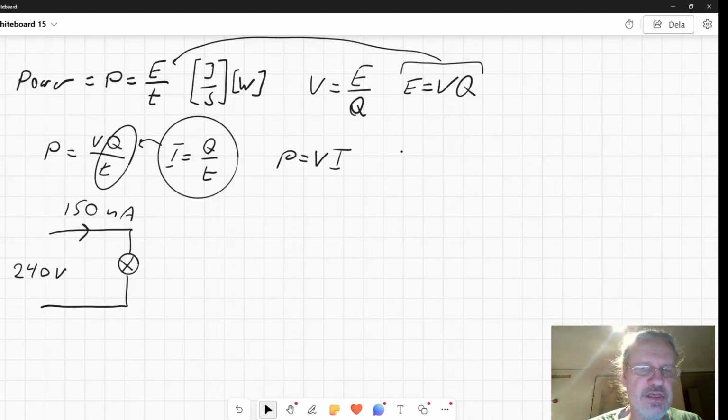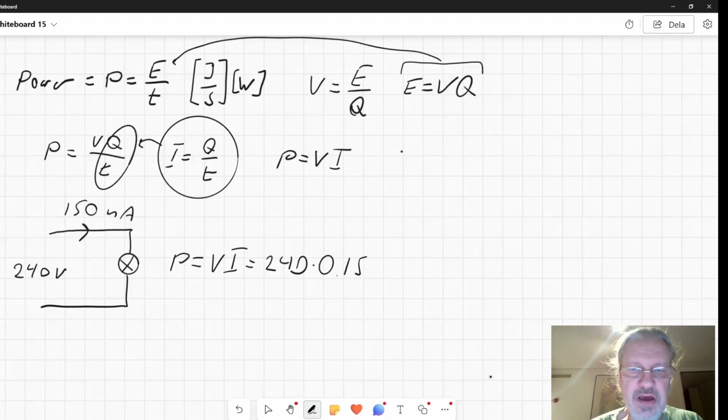So if we try this, we see that the power equals V times I, and V here is 240 times our current, that is 0.150.